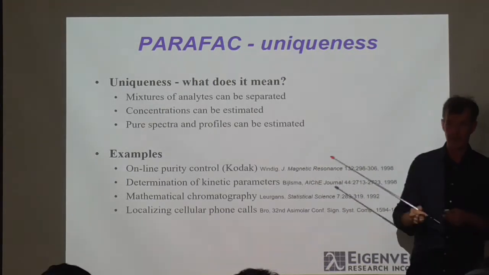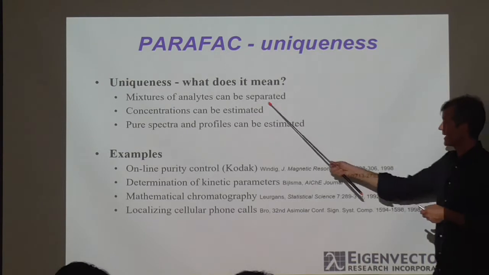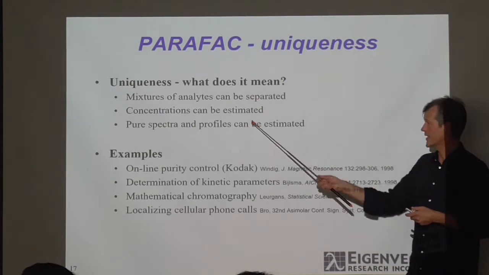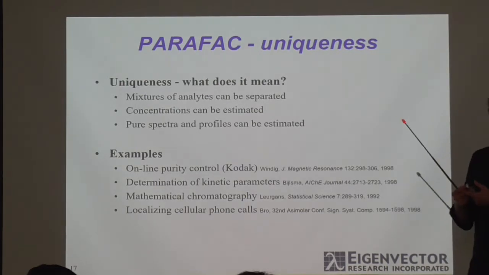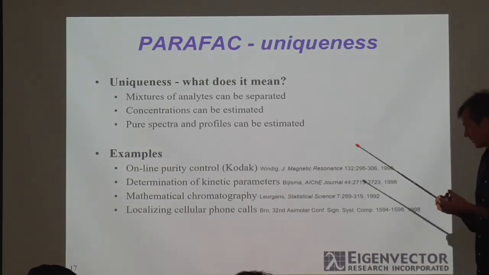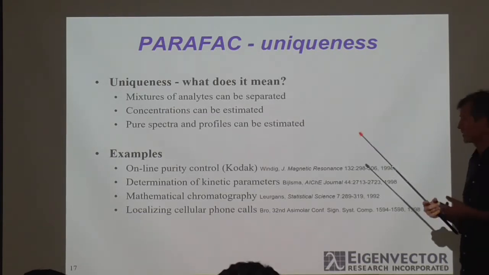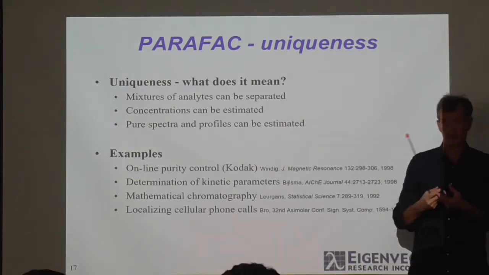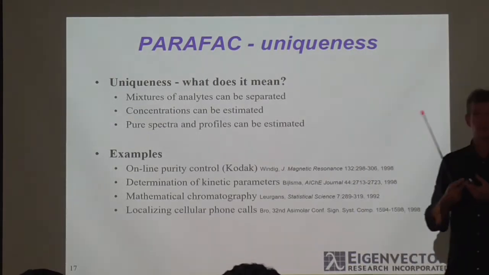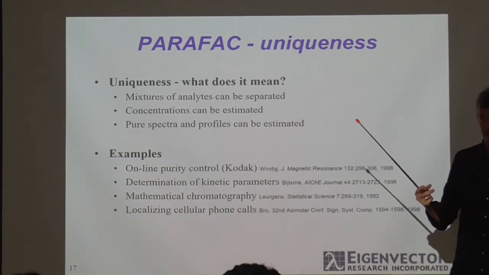Mathematically, that means when I ask for a solution, there's only one solution. And it means I can get mixes separated. It means I can estimate concentrations. Actually, yesterday we also talked about that a PLS model requires many samples if I want to build a calibration model. Well, with Parafac, I can actually build calibration models with just one sample. I don't need to have many samples, even if there are interferences in your data.